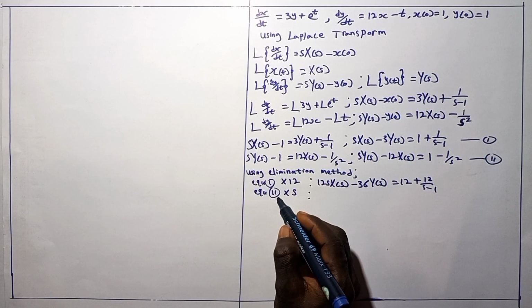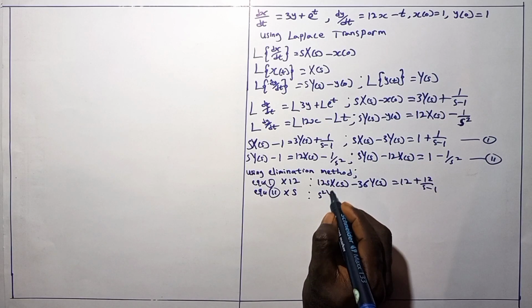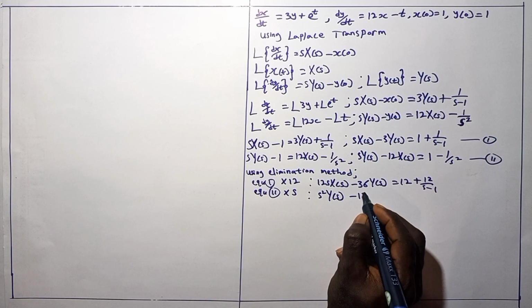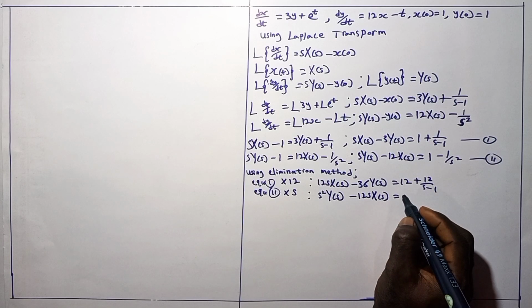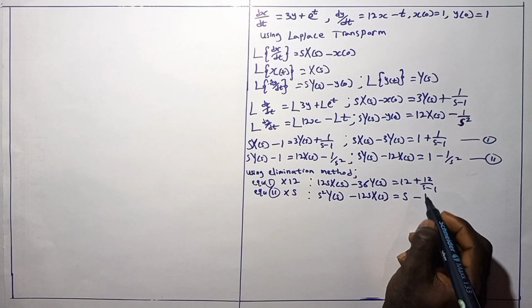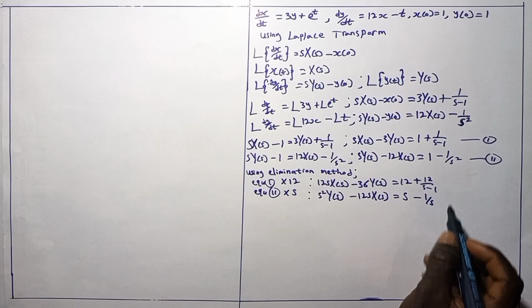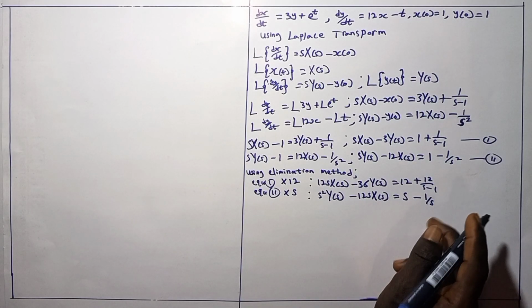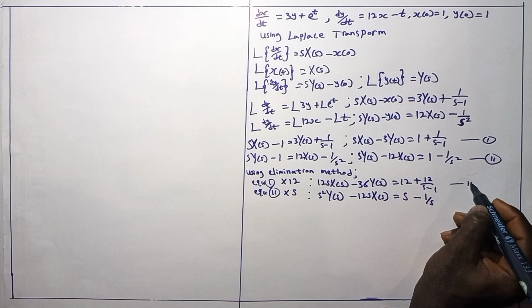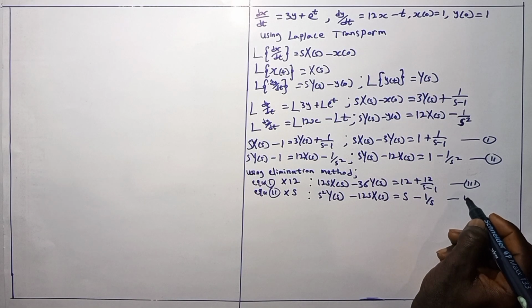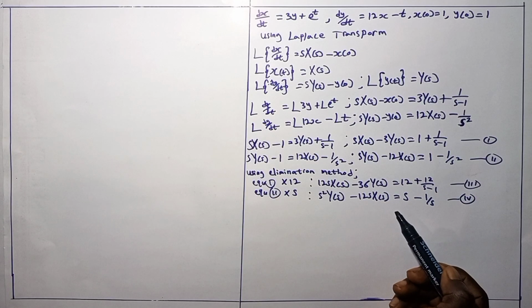Then multiplying equation 2 with s, this gives us s squared y of s minus 12s x of s is equal to s, then minus 1 over s. So this is our new equation. Let's call it equation 3 and equation 4.